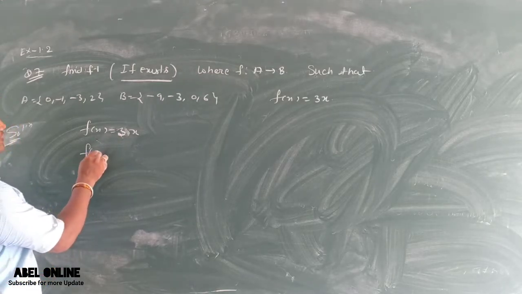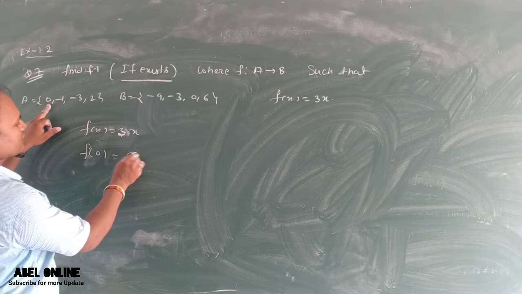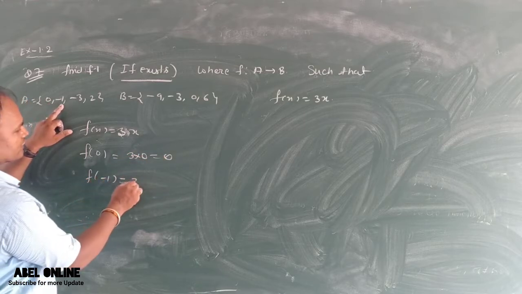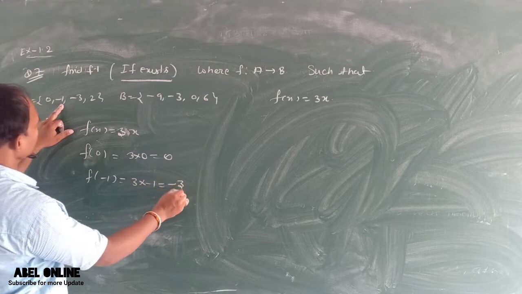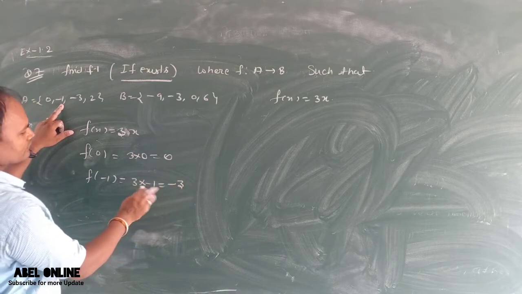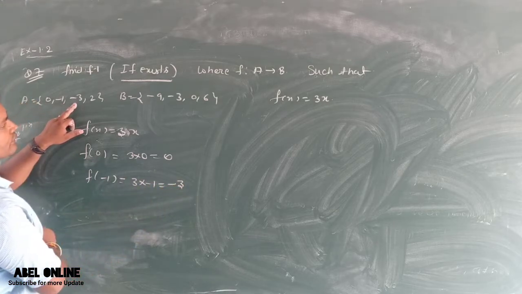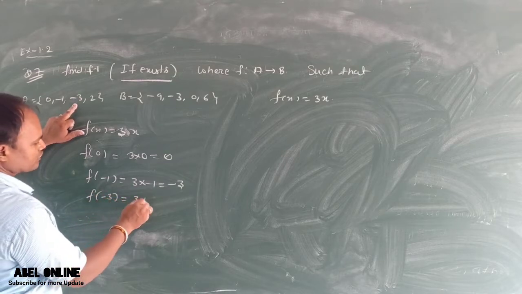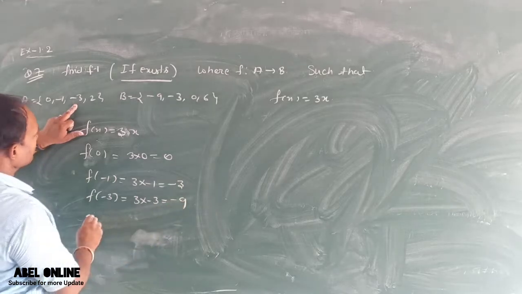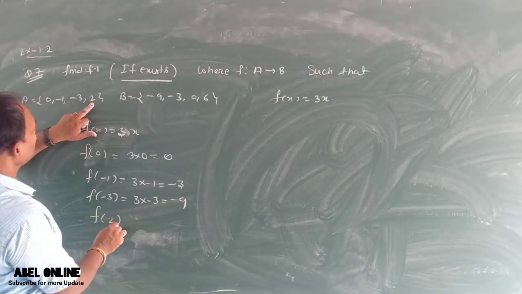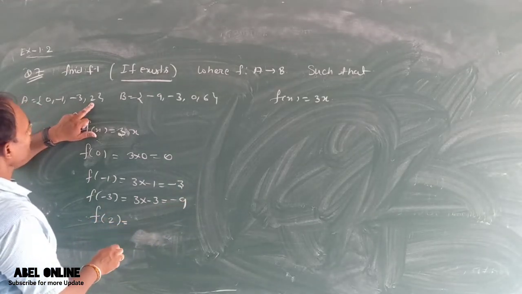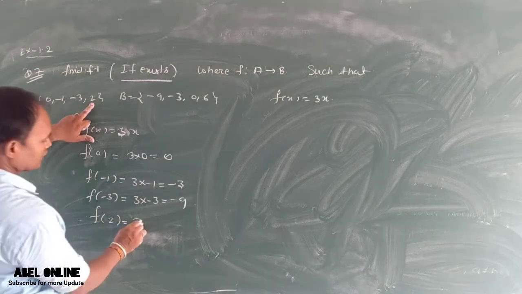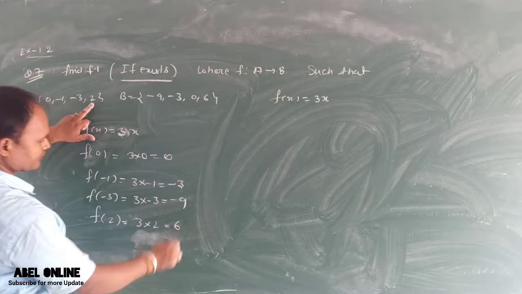So we can easily find f of 0. f of 0 means 3 into 0, which is 0. f of -1 means 3 into -1, which is -3. Next, f of -3 means 3 into -3, which is -9. f of 2 equals 3 into 2, which is 6.